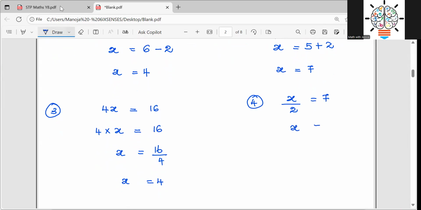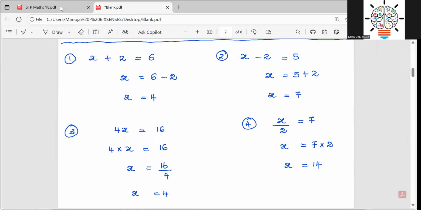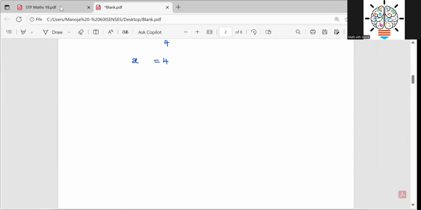And this division 2 you send to the other side as multiplication 2, and x is equal to 14. Right? Those are the very simple and basic 4 equation types I can teach you, right? So this is kind of the recap or the revision, right? So then we will move to the 5th question type you can have.